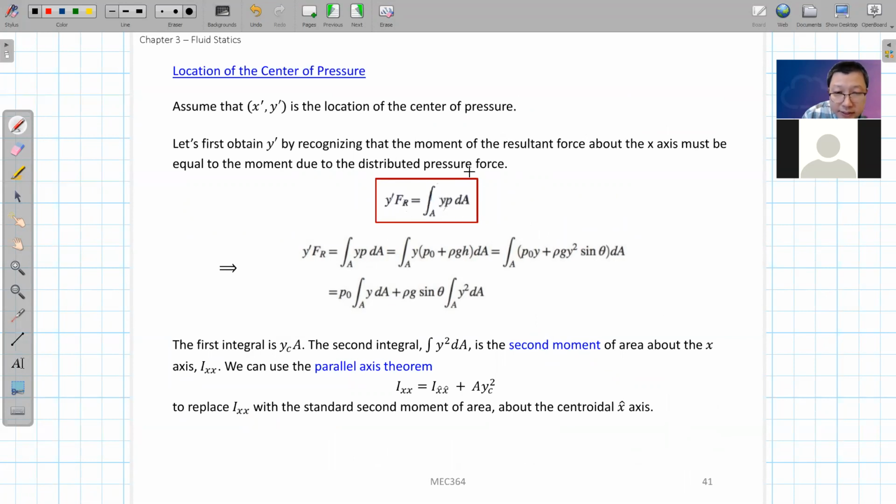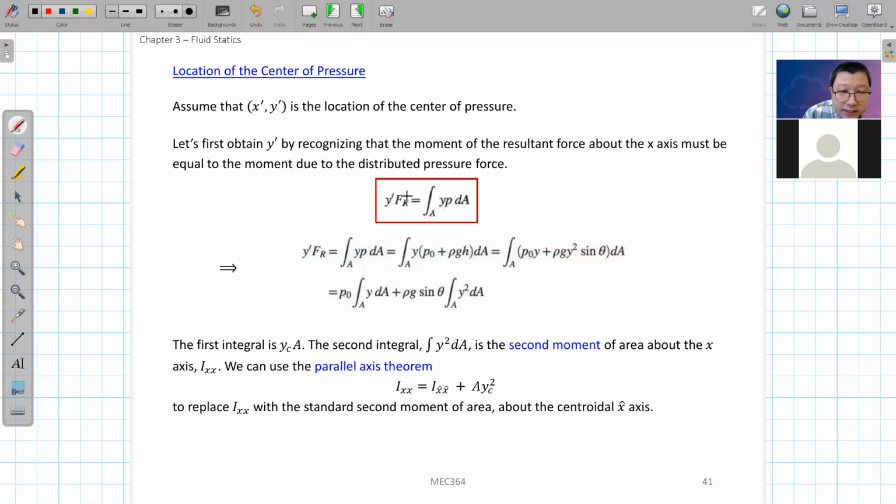Okay, so this moment balance, single force moment equal to the moment of the system of parallel forces, will give us the application point in the y direction, the y prime value, for this resultant pressure force.